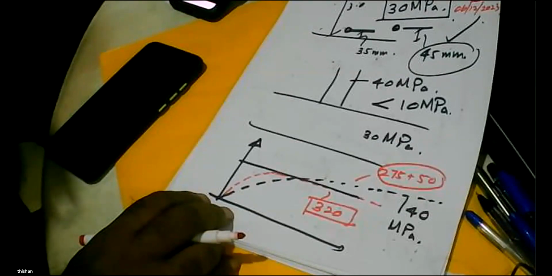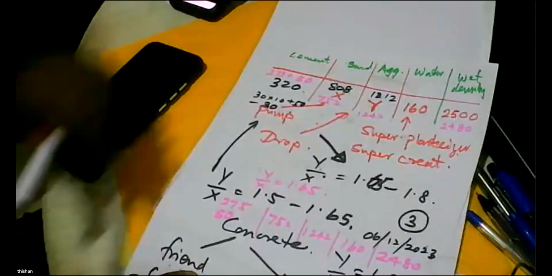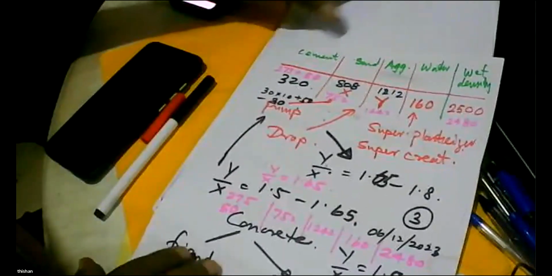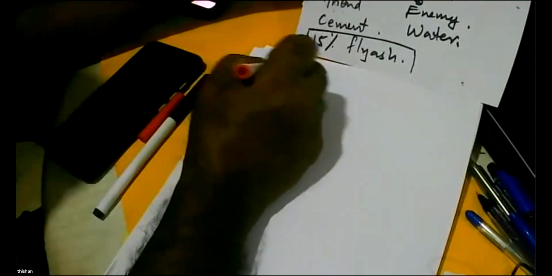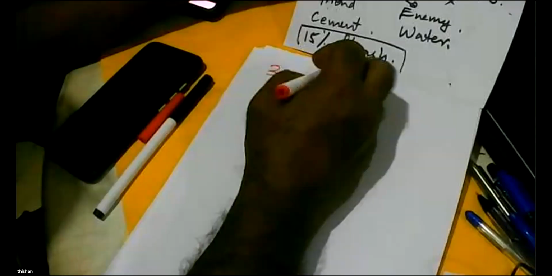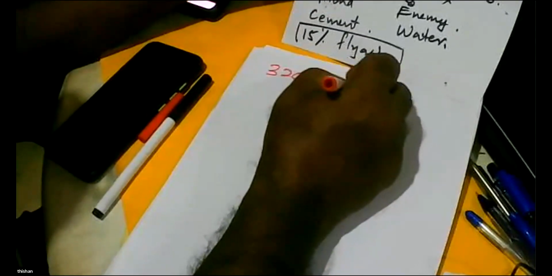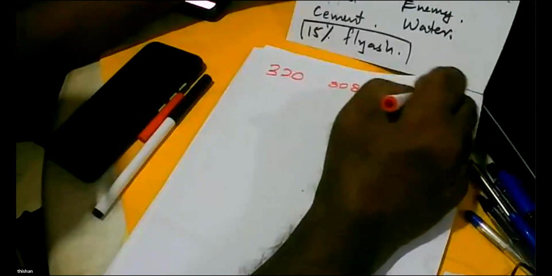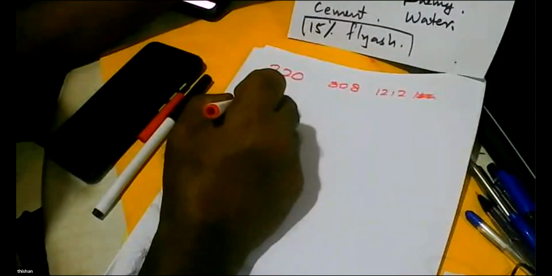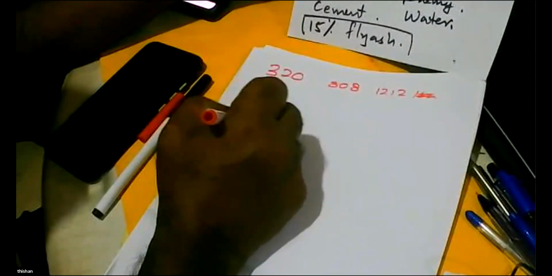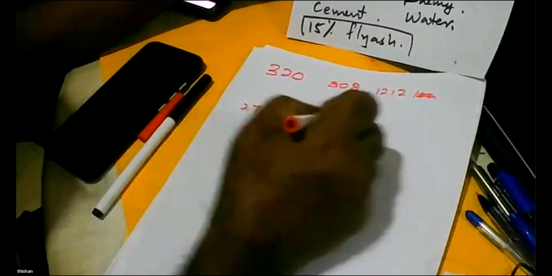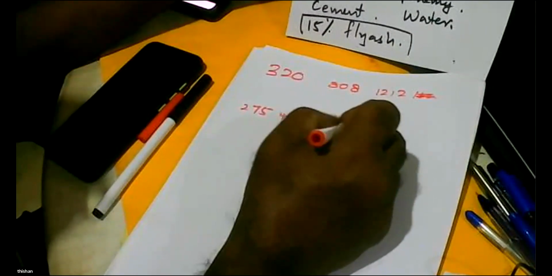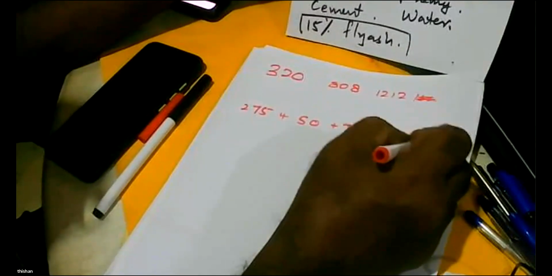So if you are making this concrete at site, what is the cost? We look at the cost of these two concretes. That will give you a good insight. The mix is 320, 808, 1212, 160; the other one is 275 plus 50, 752, and 1242.